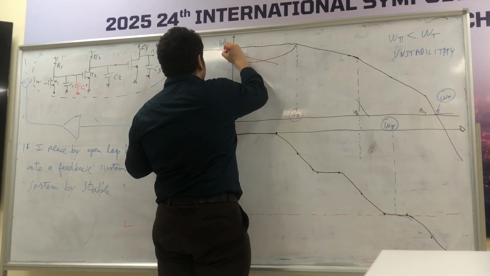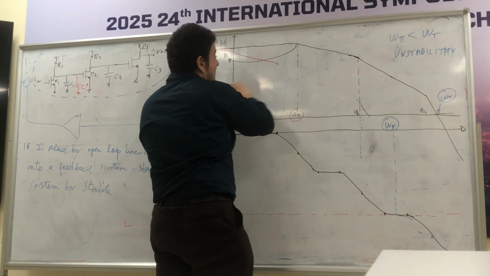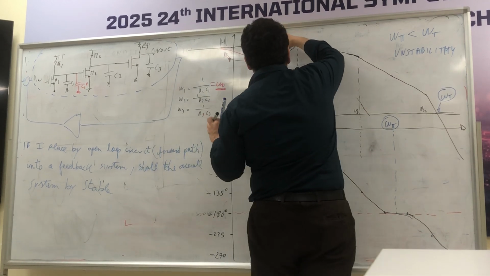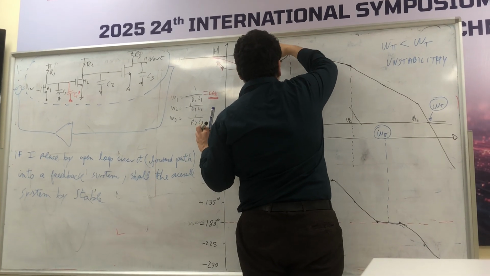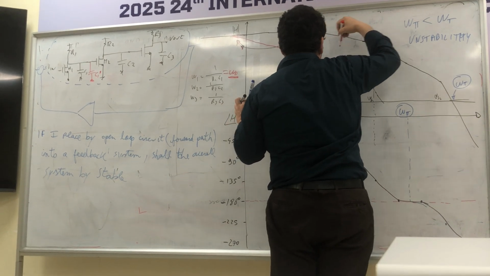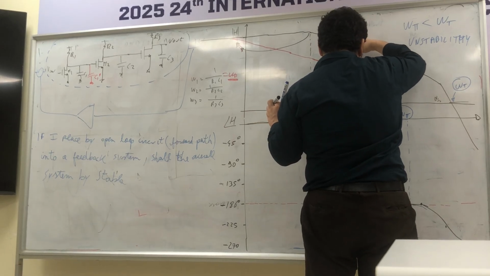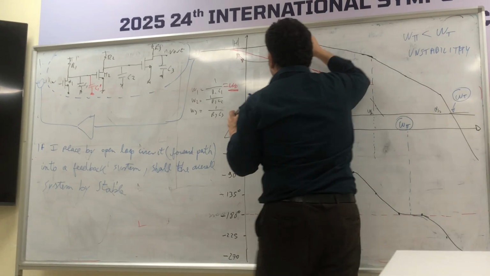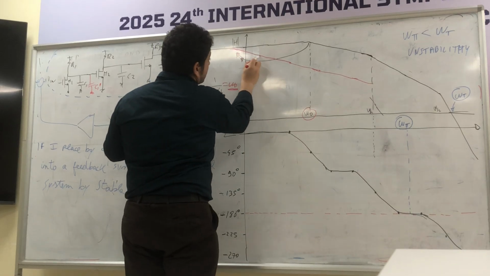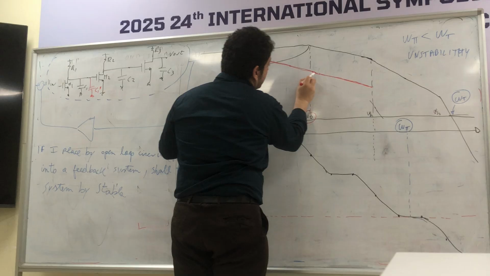Move the pole here. Okay, the dominant pole is moved here. So actually I have a different gain profile. Okay, so this actually is parallel with this.